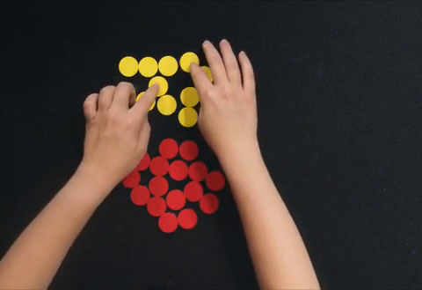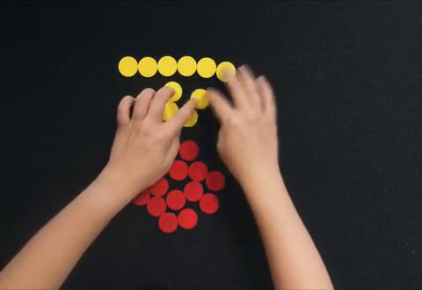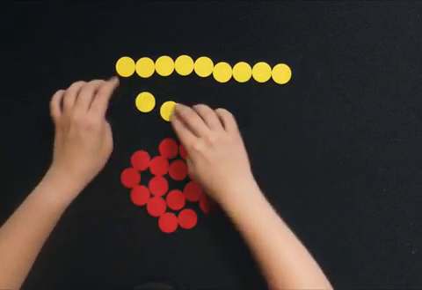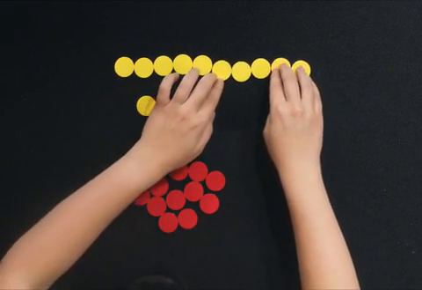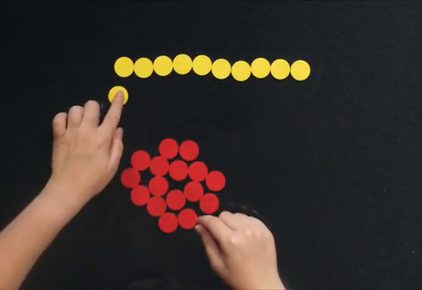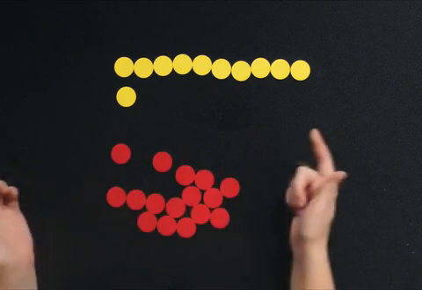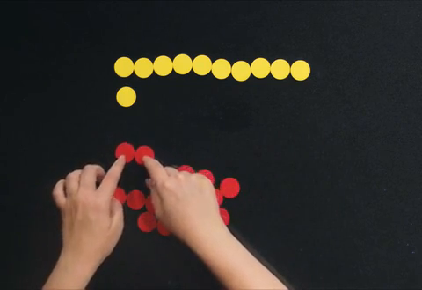1, 2, 3, 4, 5, 6, 7, 8, 9, and 10. And then I only have one left over to be all by itself in that bottom row. He looks lonely. So then in my red group, I also want to put them into a line of 10.